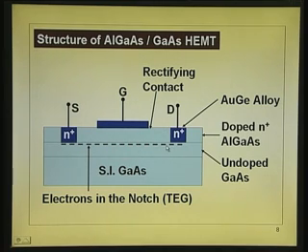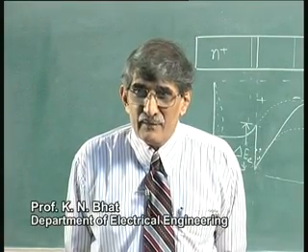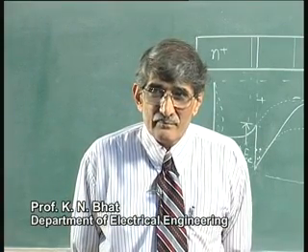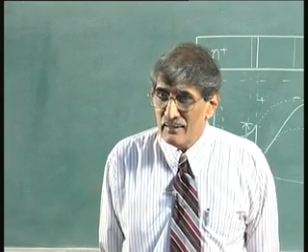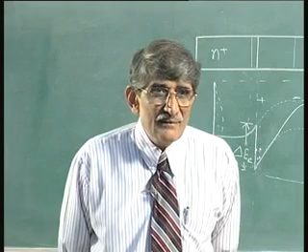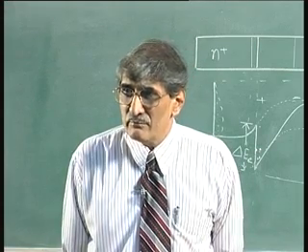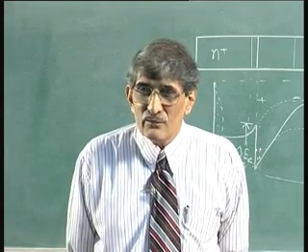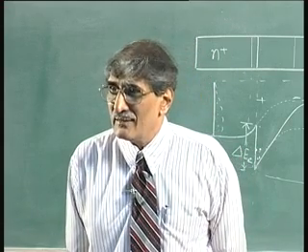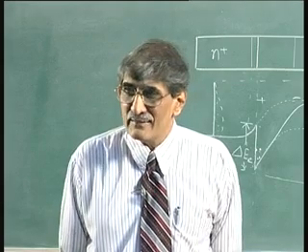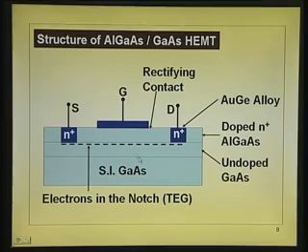Instead of oxide, what you have is a depleted layer, epsilon r larger than the oxide. So, people talk of high dielectric K constant, high K dielectrics for MOS device, because the K for oxide is 4, you will work for 8, 10, 12, 20 K. Here automatically you have got high K, about 12.8. 12.8 is the high K, around that 12.8 to 13, because aluminum gallium arsenide is almost same as gallium arsenide, about factor of 3 more than that of oxide you get here.